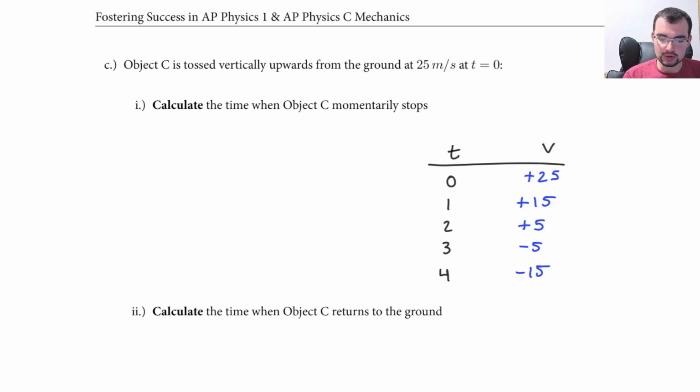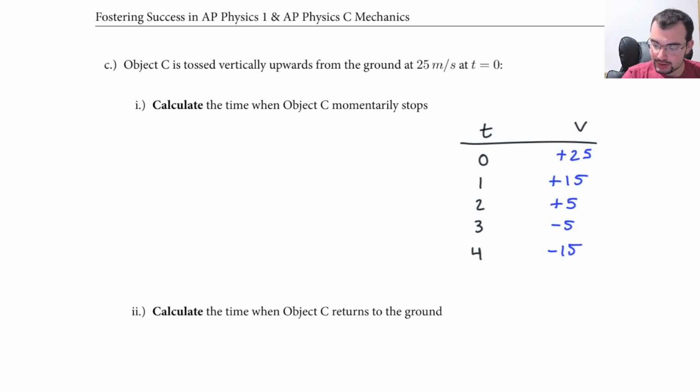So when will object C momentarily stop? Well, this is that idea of the previous question where we said how many copies of 10 are needed to stop the velocity when it started at 30? Well, it was 3. We can see the answer is definitely going to be between 2 and 3 seconds here, right? Because it went from positive to negative. So we are just asking here, it is just 25 divided by 10, which is equal to 2.5 seconds.